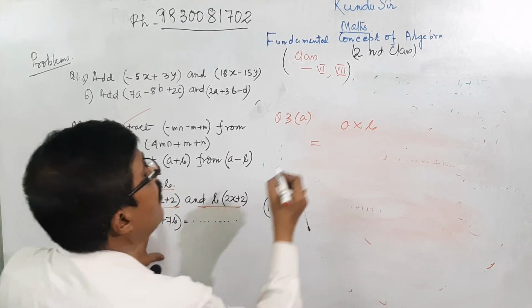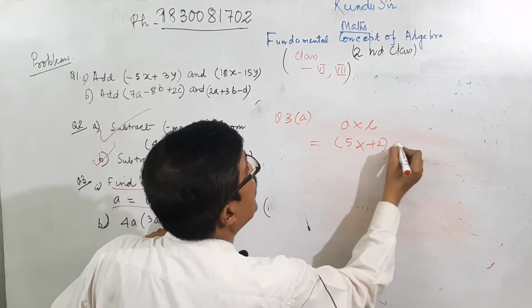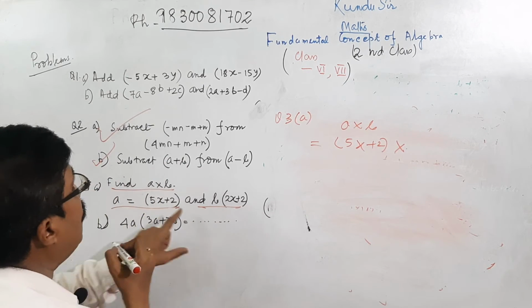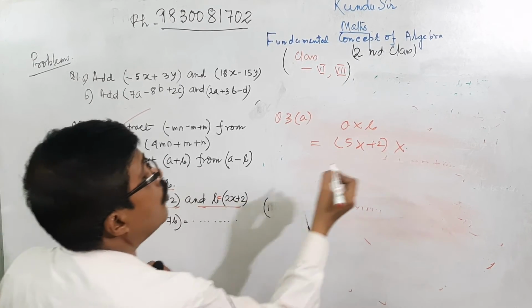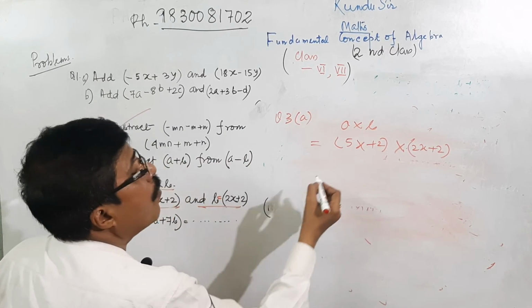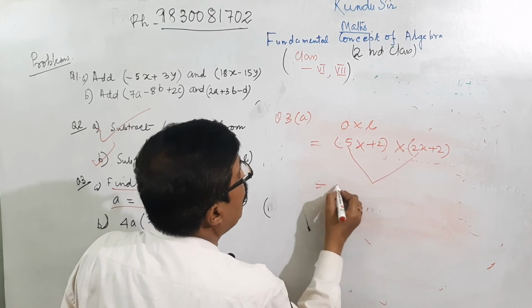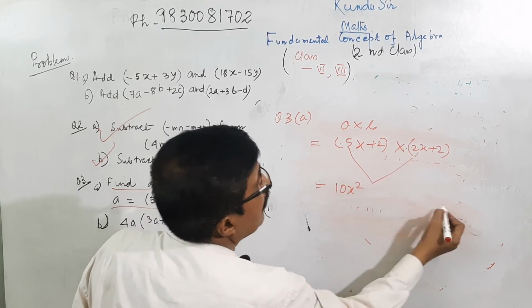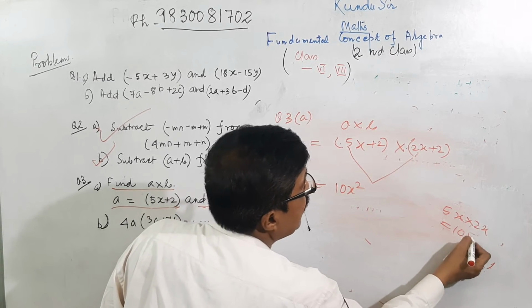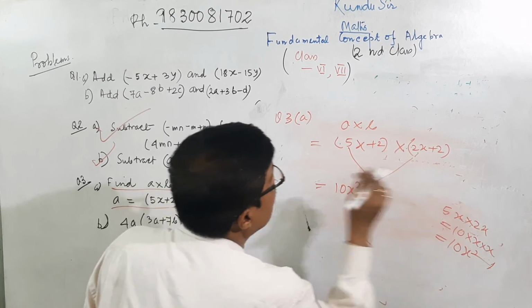A is given as 5x plus 2, into B equals 2x plus 2. Now 5x into 2x equals 5 into 2 into x square, which is 10x square.